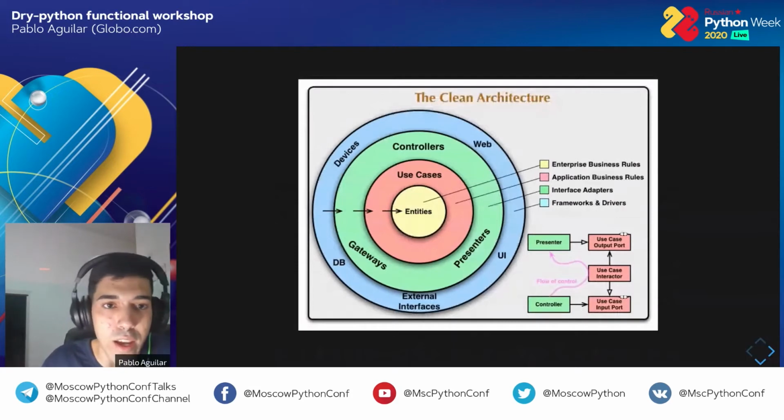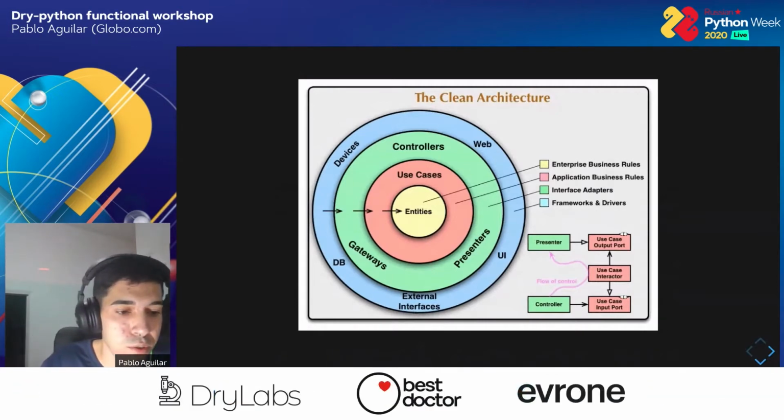So entities can't know anything about the use cases, and the use cases can't know anything about the interface adapters layer. You have to respect this rule to maintain the architecture in good form.